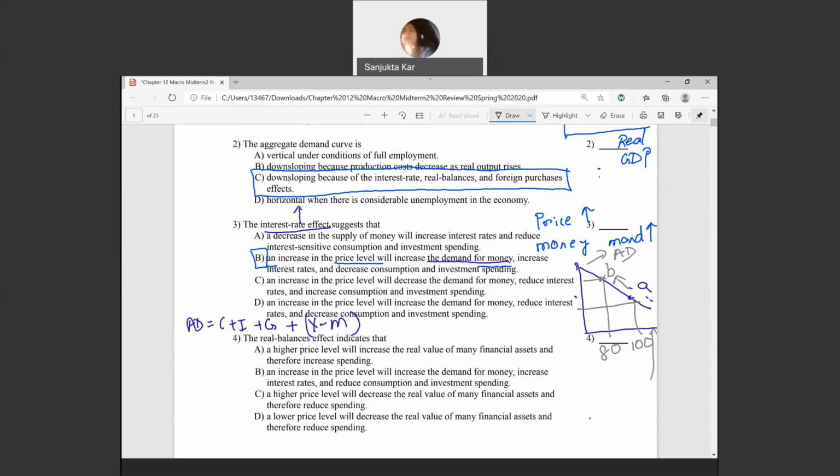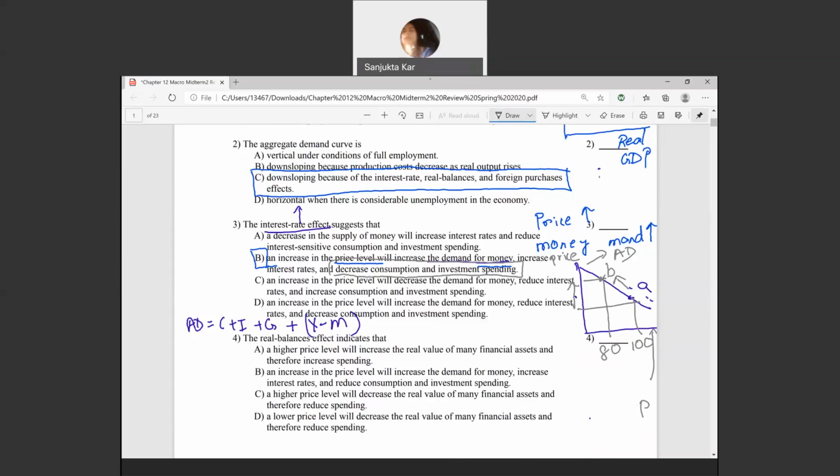So when I'm looking at the aggregate demand curve, I'm measuring real gross domestic product on the horizontal axis and price on the vertical axis. So the price increases, real gross domestic product goes down. This happened because there is a decrease in consumption and a decrease in investment spending.